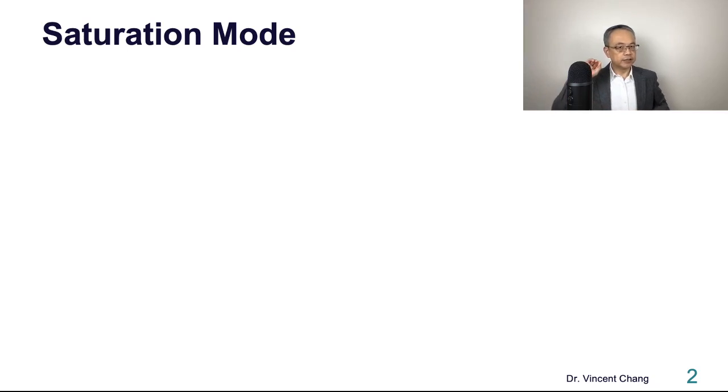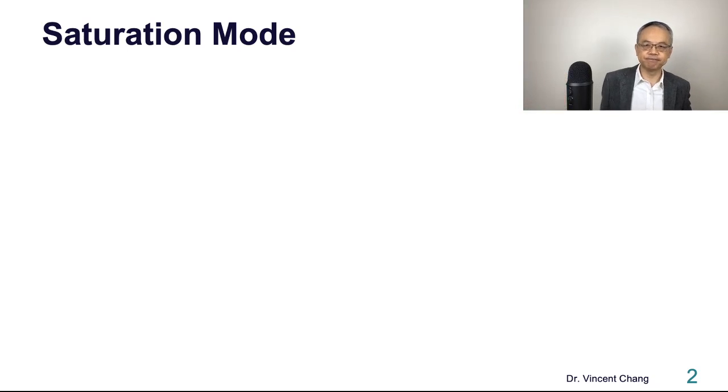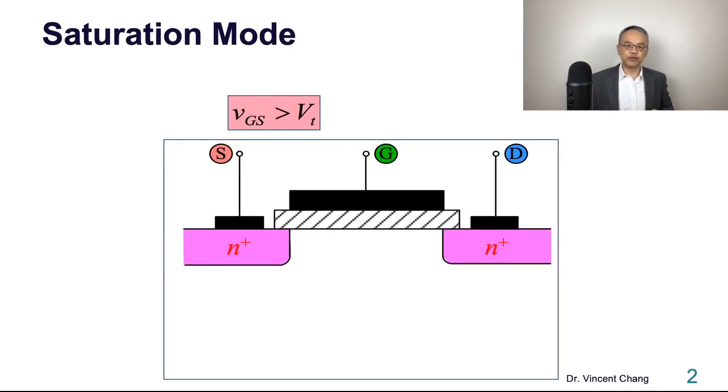Saturation mode. Think about this: what's the definition of saturation mode? What's the constraint? First of all, the channel is present. The channel has been induced, so VGS has to be greater than the threshold voltage.